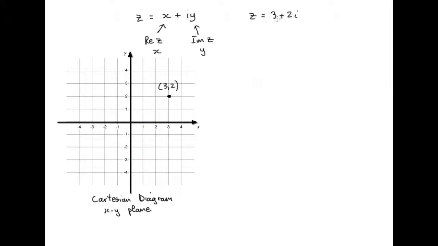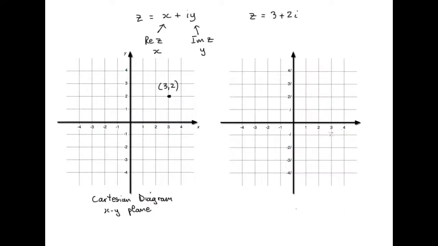So we can do this and plot the point z, complex number 3 plus 2i, in precisely the same place. And if we do that, we're using this diagram to represent individual single complex numbers. So this point here would represent the one complex number 3 plus 2i.